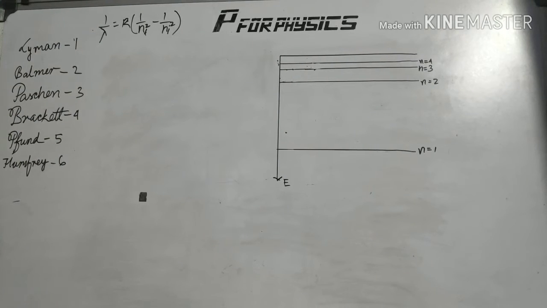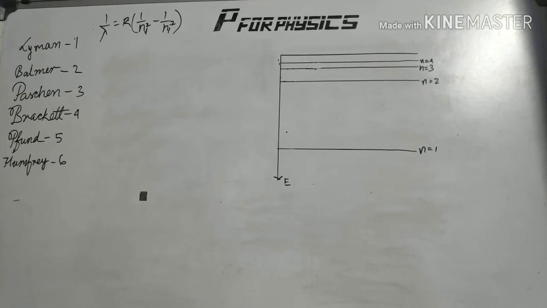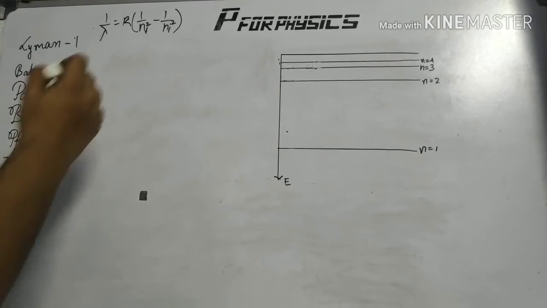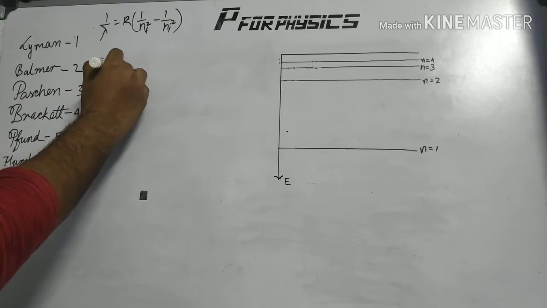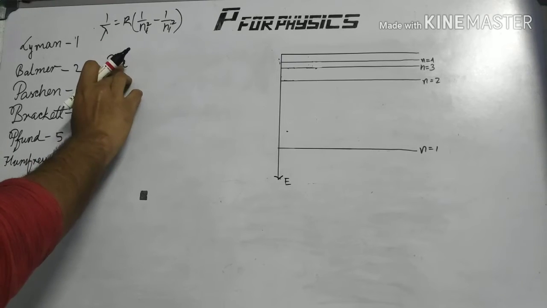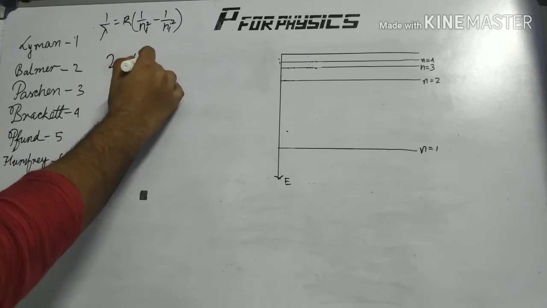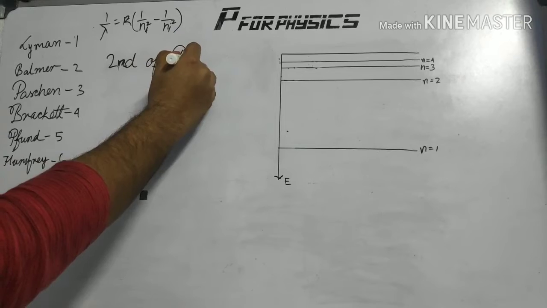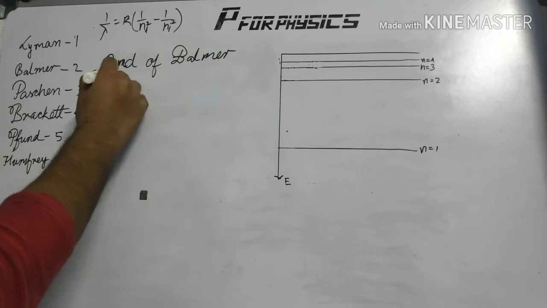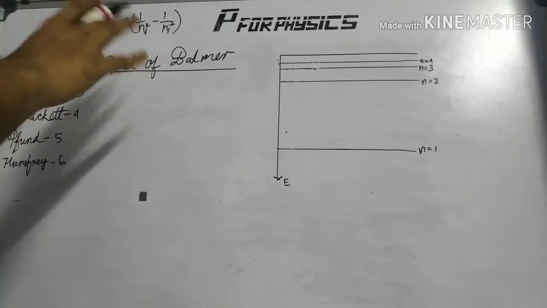Okay, so now we'll do a basic numerical problem. Say we are told to find the wavelength of any spectral line of any given series. Say I'll take the second spectral line of Balmer. We have to find the wavelength of this one.